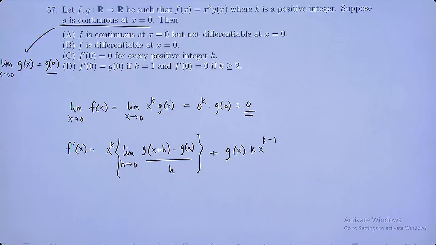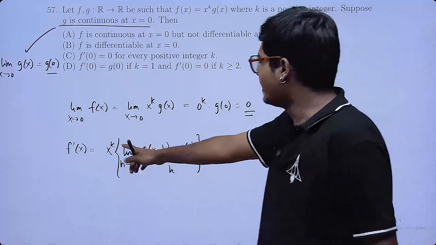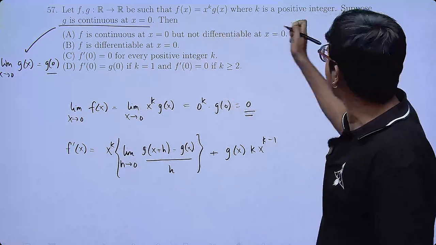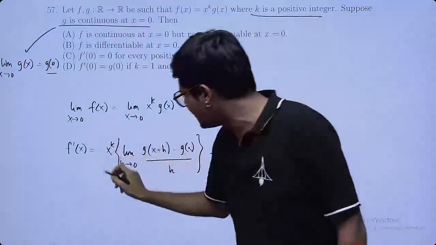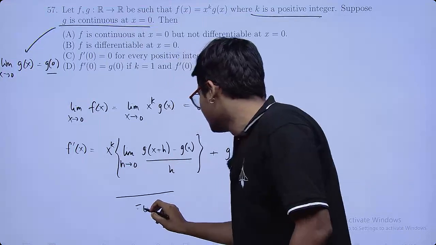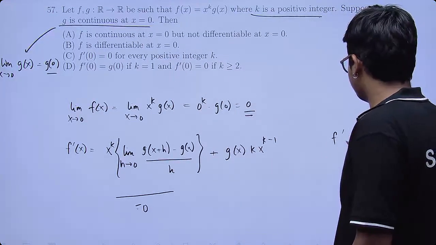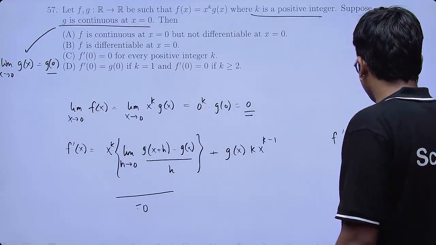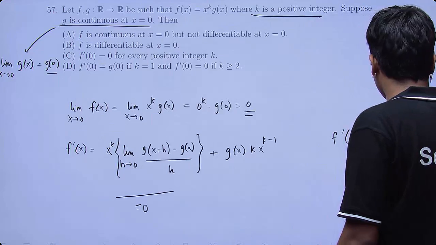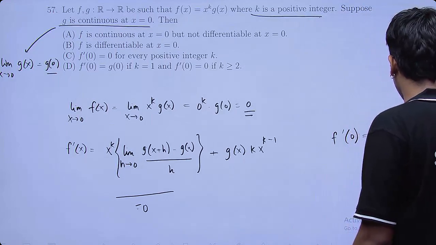I'm just generalizing it. But now observe that. What do we need? We need f prime 0, right? If I look at f prime 0, see x to the power k, no matter what k is, what was k? K is a positive integer, right? Which means this part will always be 0. So what is f prime 0 going to be? It's going to be g(0) times k times 0 to the power k minus 1.